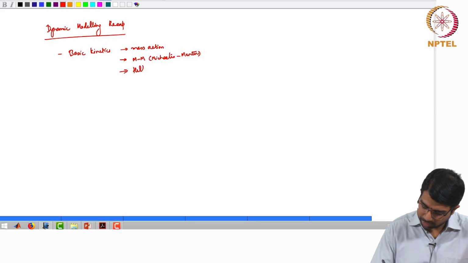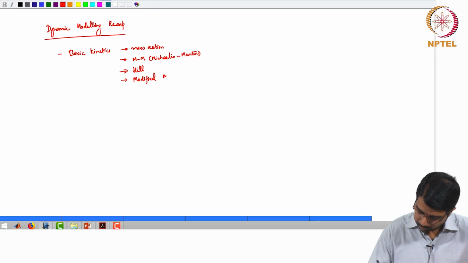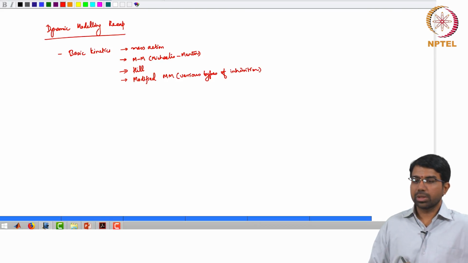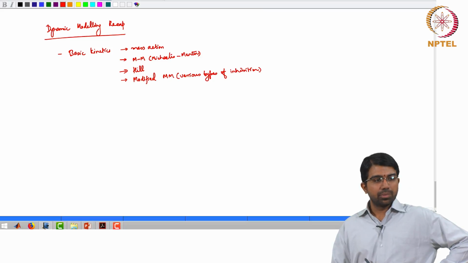We did briefly look at Hill and various types of inhibition. Right.